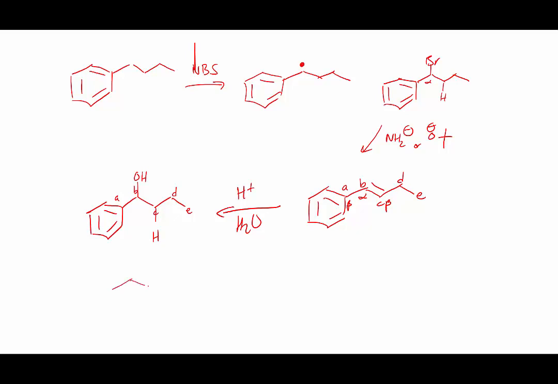What if I changed my molecule a little bit and said, I'm going to add H plus H2O to that double bond. Where's the H and the OH going to go?